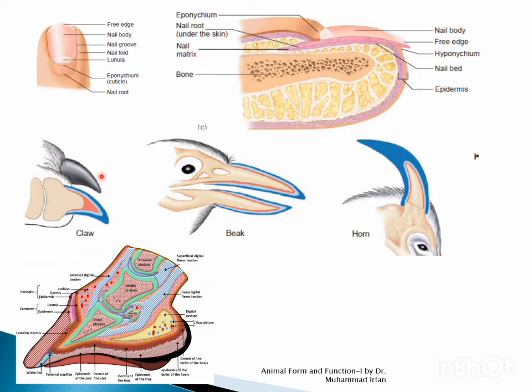All these structures have outermost epithelium, and innermost is the dermis or the connective tissue. So here we can see all these blue colored surfaces. They are epithelial in nature, or epidermis, and internal would be the dermis or the connective tissue.